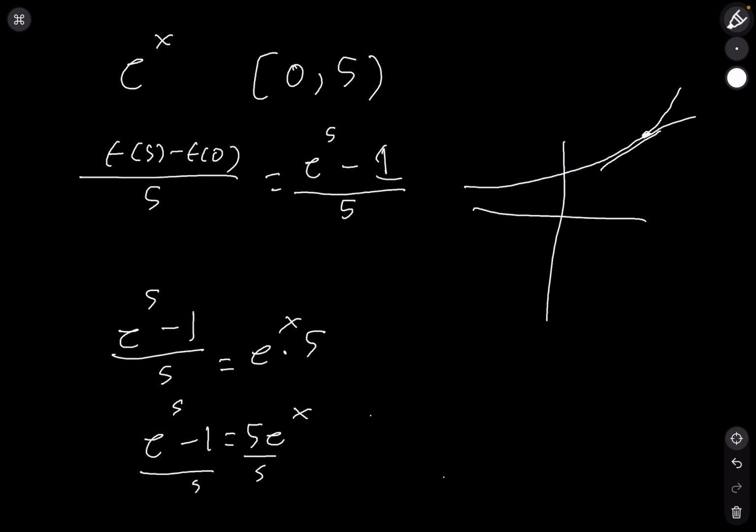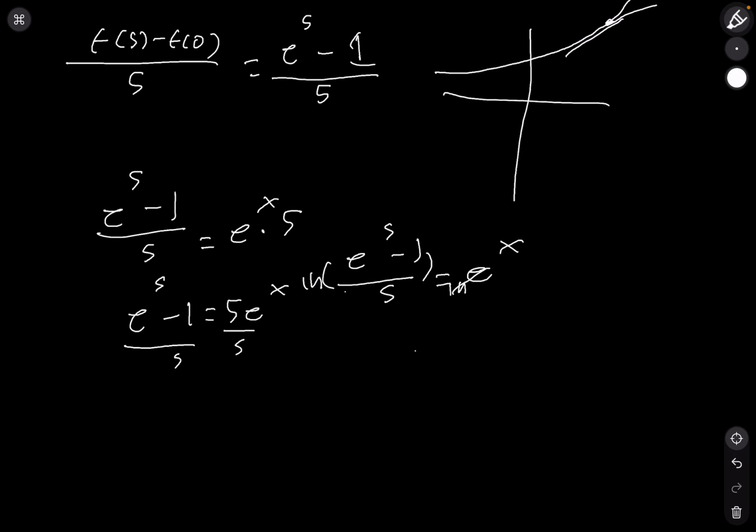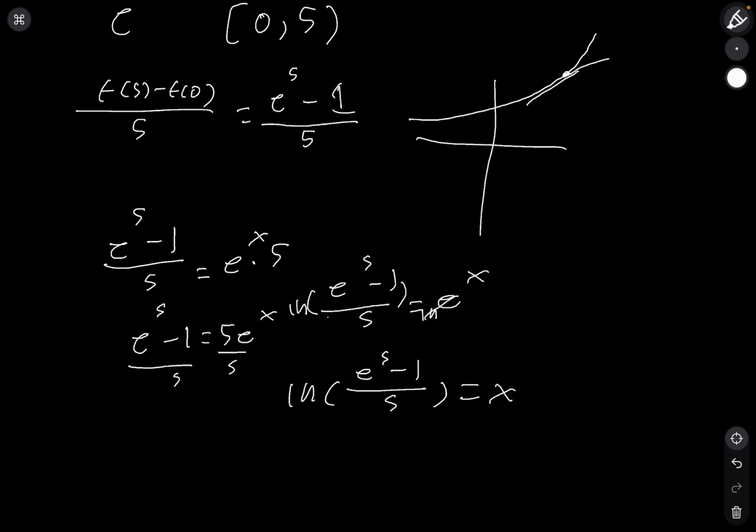All you have to do is just put a natural log here. So from here, natural log of e to the 5 minus 1 all over 5 is equal to x. And that'll be your conclusion for the mean value theorem.